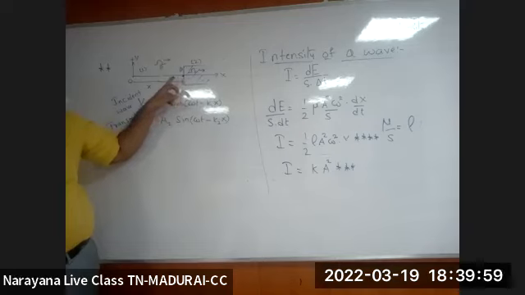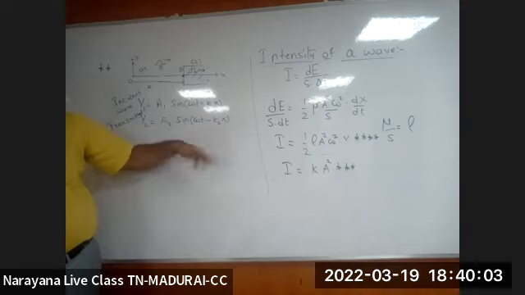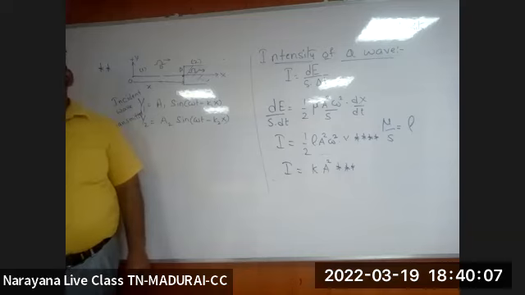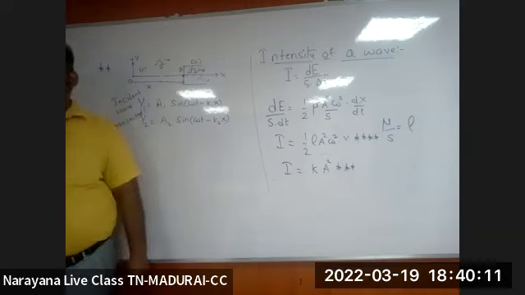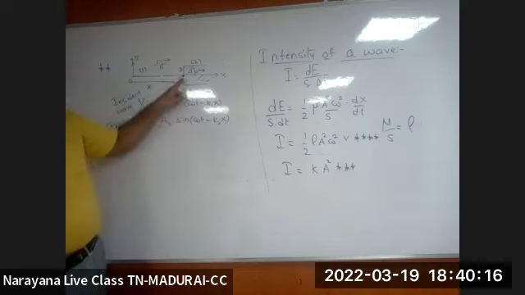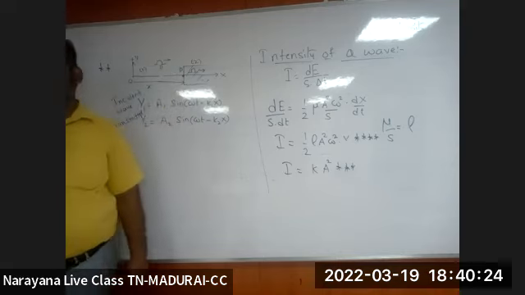If I do not change the position, you cannot analyze the interference. Interference means the waves must meet at the same position only. That's why I shifted the boundary which separates the two different media.